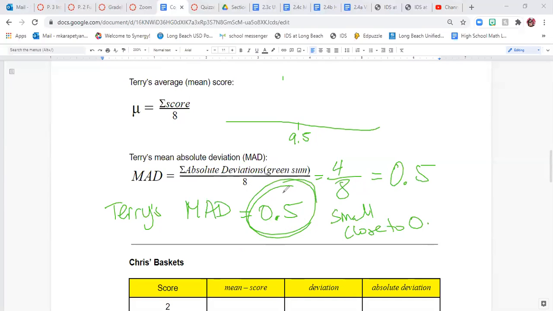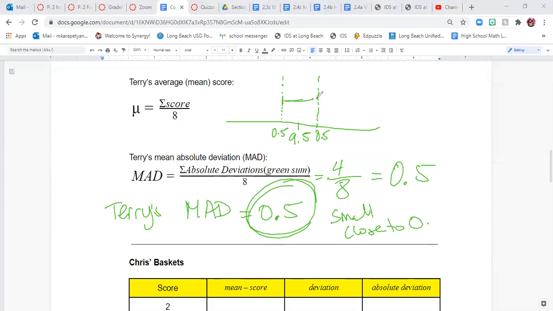This is saying that the average distance of the data points, or the scores for Terry, is only 0.5 to the right and 0.5 to the left.